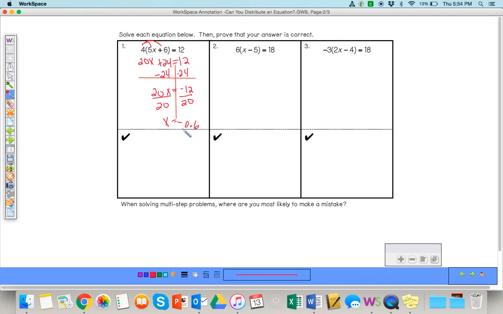So I can take this right here and put it back into this two-step equation that we wrote. So 20x plus 24 equals 12. So we do 20 times 0.6 plus 24 equals 12.